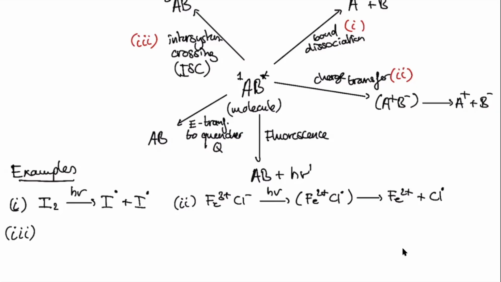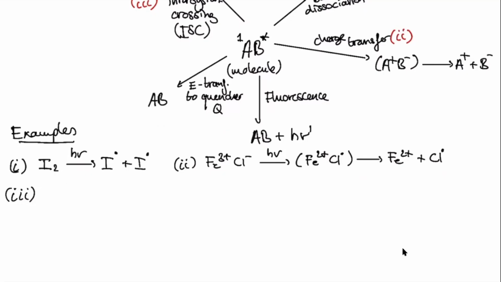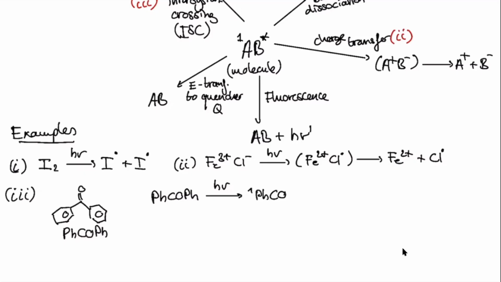Intersystem crossing. Let's say we have this compound, benzophenone, with a C=O and phenyl groups. So that first absorbs a photon. So we are in a singlet state.